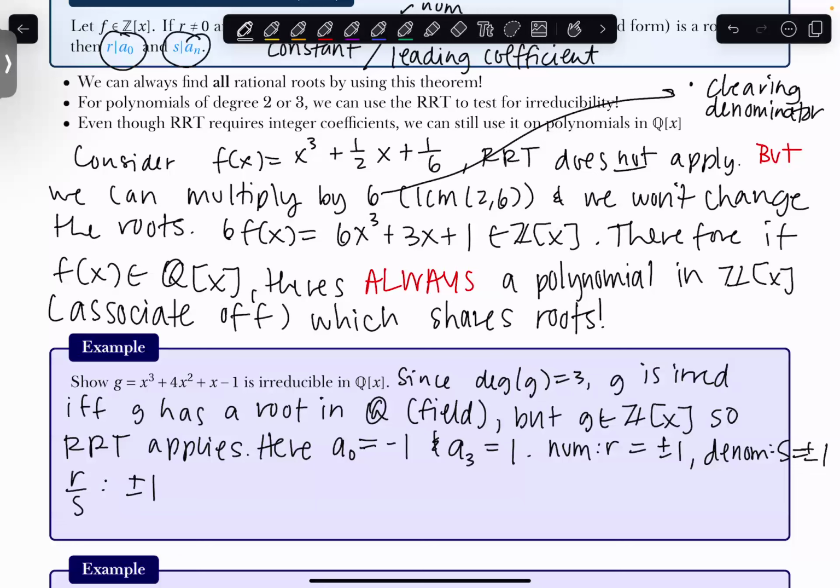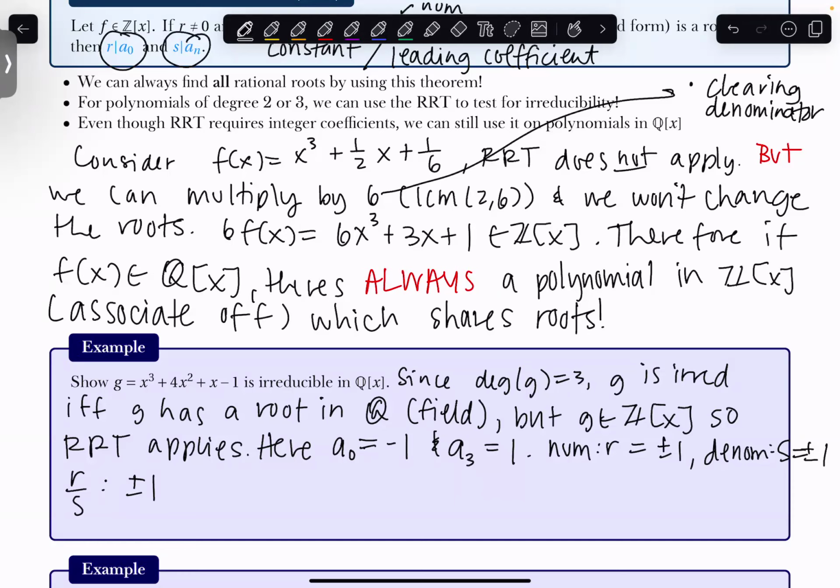Okay, so these are the ones that I'm going to plug into my g polynomial. And I'm going to decide, do I get a root? If I get a root, I know exactly how to factor it. I'll take x minus the root and use my division algorithm to tell me exactly how to factor it. If neither one of these two gives me back a root, then I know it has to be irreducible because this was degree 3.